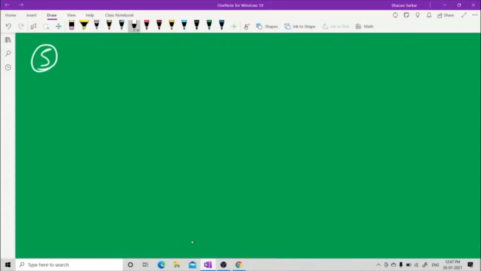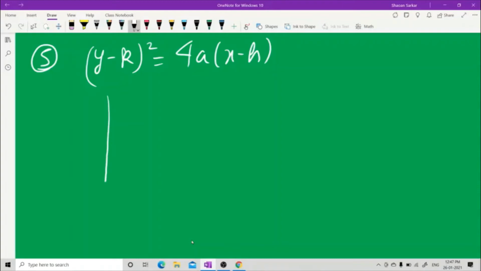Fifth, (y minus k) whole square equals 4a times (x minus h). In this case, this is your y-axis and this is your x-axis. Let me draw the line y equals k here.